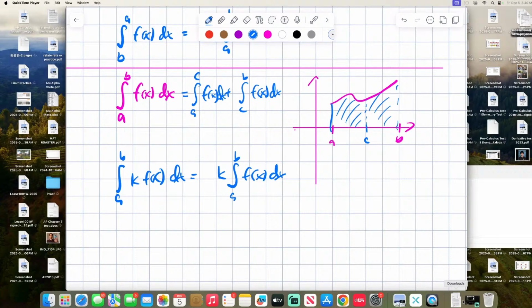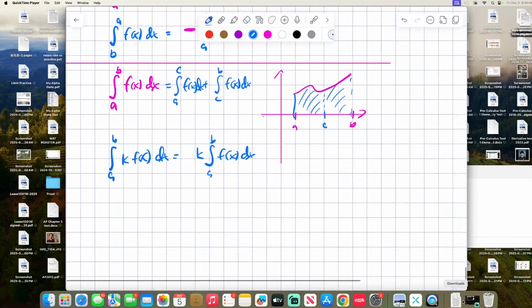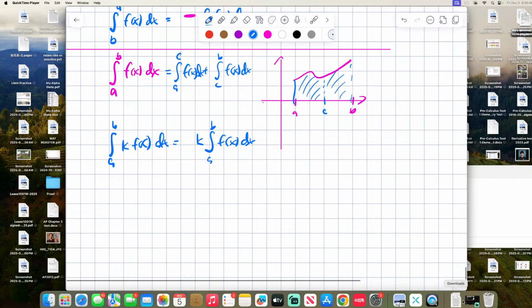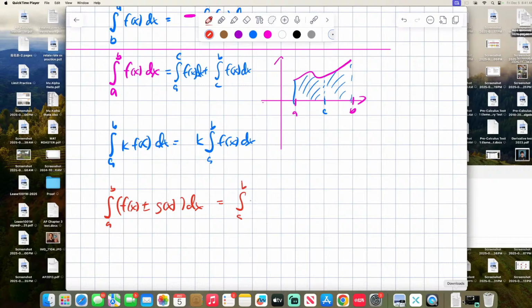So you can take the constant outside of the integral, find whatever the area is, and multiply by the constant at the end. This one's okay. Another one you can understand is the integral from a to b of f of x plus or minus g of x dx. You can split it up into two different integrals, just like before.